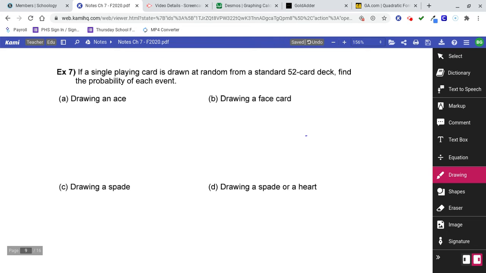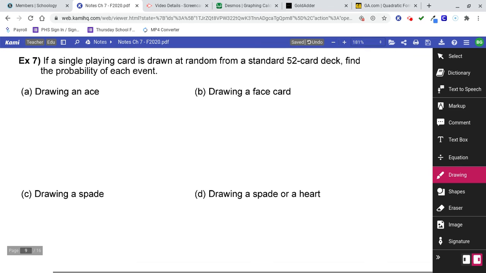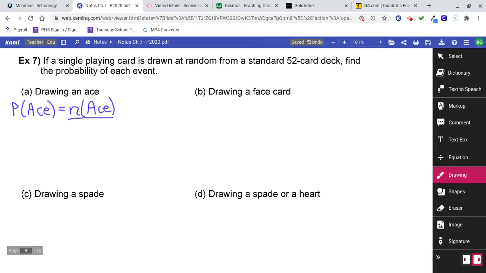Number 7, if a single playing card is drawn at random from a standard 52 card deck, find the probability of each event. Drawing an ace. So remember, the formula says we want the number in that event over the number in the sample space.